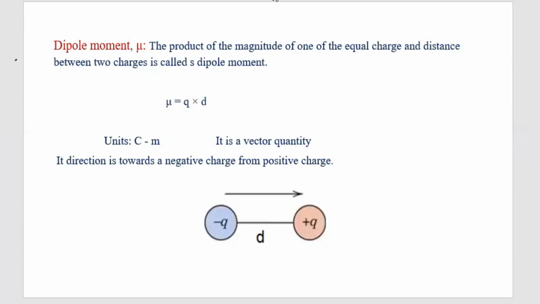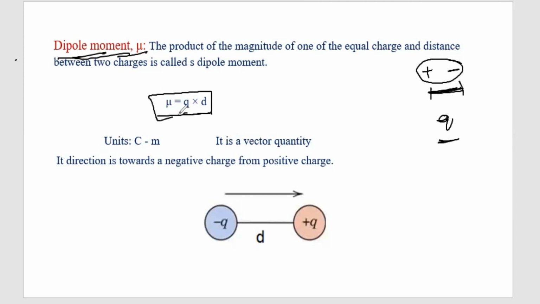The next definition is dipole moment. As we discussed in the starting, the positive and negative charges are getting separated. How much distance they are getting separated? Basing on this, dipole moment is given. So the dipole moment is the product of the charge and the distance between them. So here the distance I have taken as d, so mu is equal to q into d.